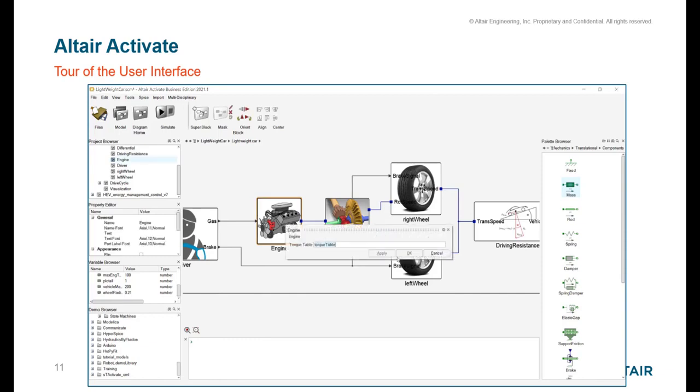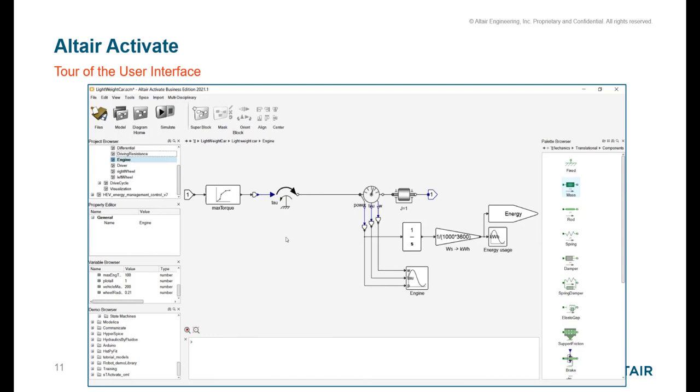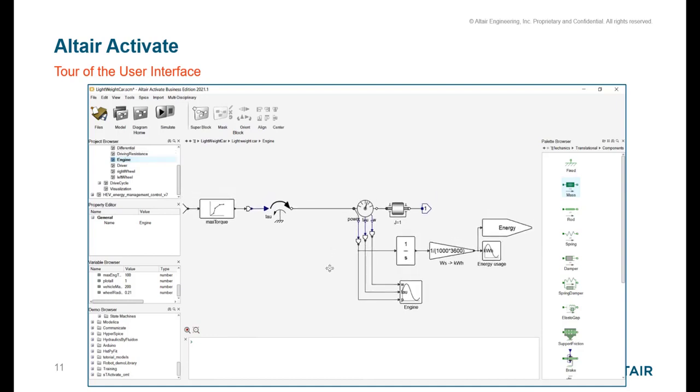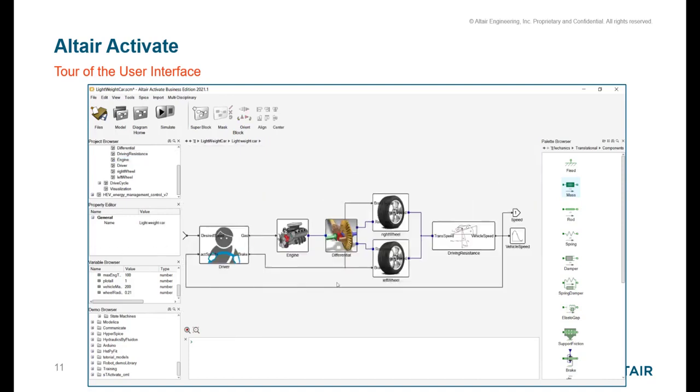And your modeling window allows you to navigate through the several levels of your model. This is a hierarchical modeling approach, so you can zoom in to subsystems and back out again, and then connecting your inputs and outputs with your linkages.